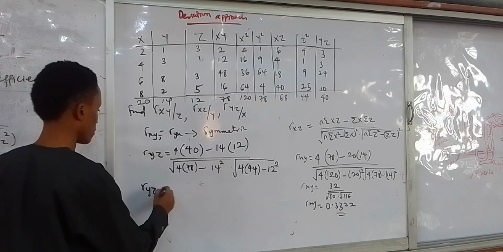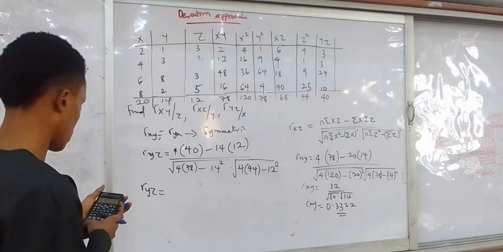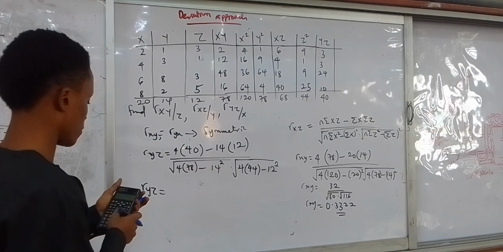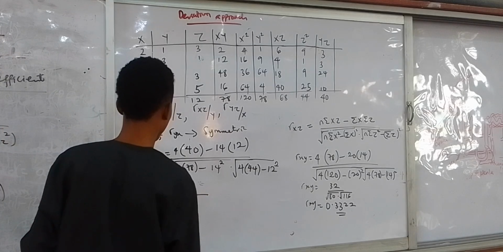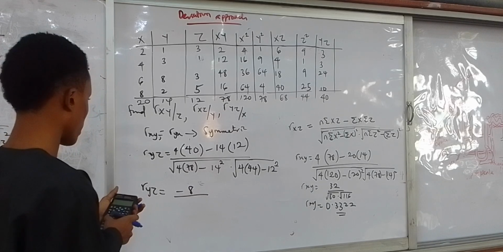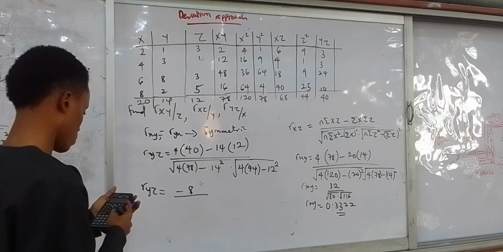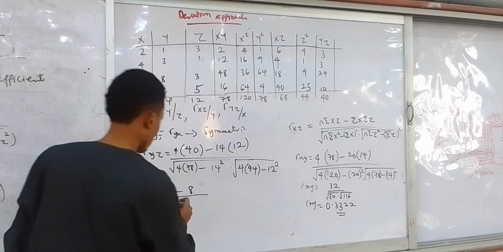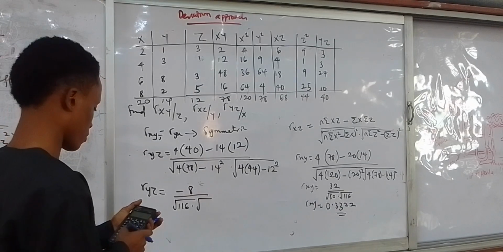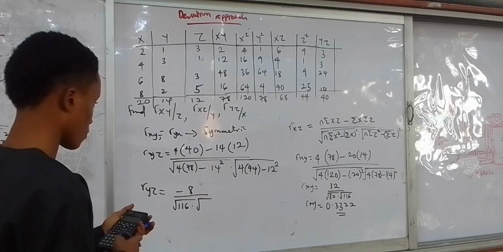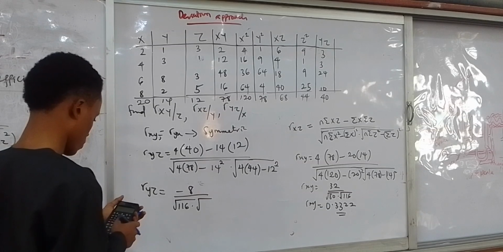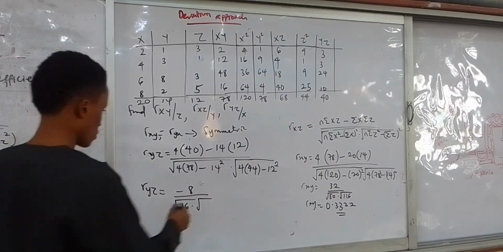So in order to do that, my ryz will be equal to, let's see, 40 multiplied by 4, minus 14 times 12, that's 160 minus 168, that's minus 8, over square root of 4 into bracket 78 minus 14 raised to power 2, that's square root of 116, multiplied by square root of 4 times 44 minus 12 raised to power 2, this is 32.